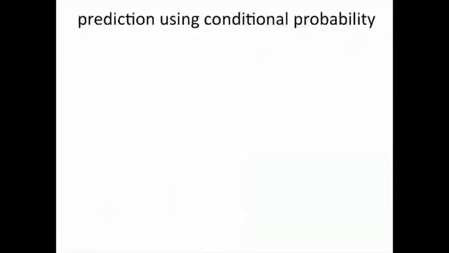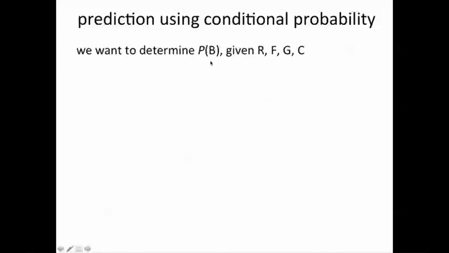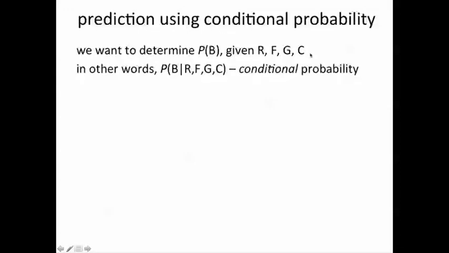In the language of probability theory, what we really want to figure out is the probability of a buy action given values, yes or no, for whether or not the words red, flower, gift, and cheap are present or absent in the query. In other words, we're trying to find the conditional probability of a buy given the values of these 4 random variables.